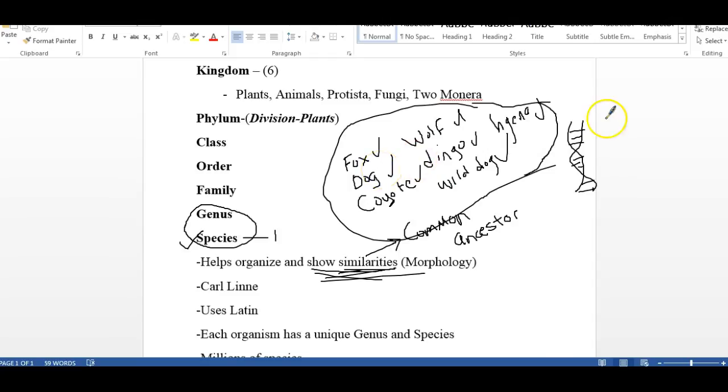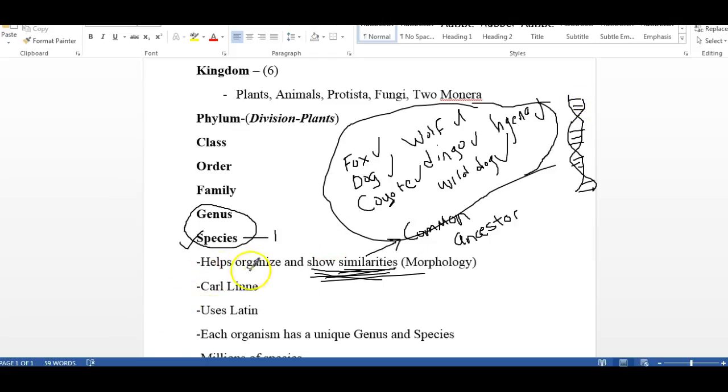But I don't know, because that's a question you have to ask yourself: if something looks similar, shouldn't the DNA that makes those things be similar? That's something to think about. So similarities that used to be just external, now they're looking at DNA and all kinds of other things. So it's kind of cool.